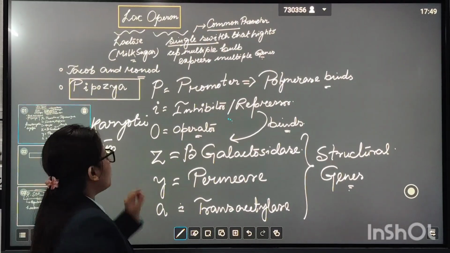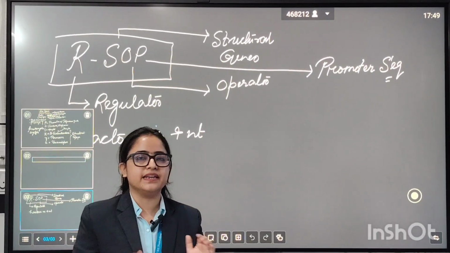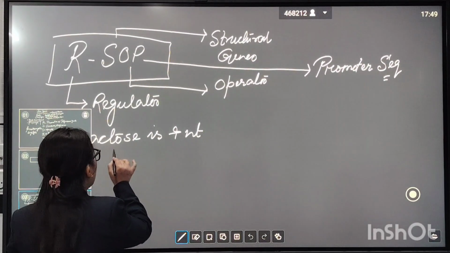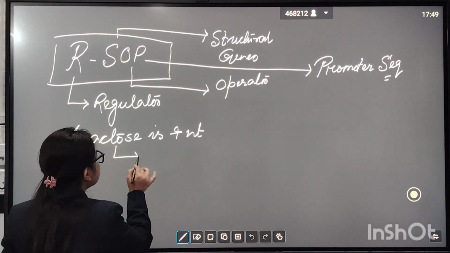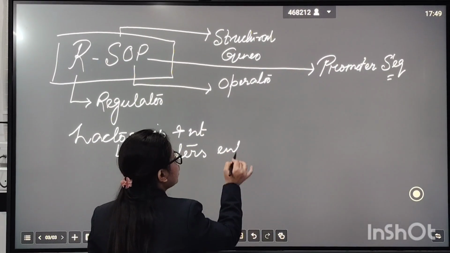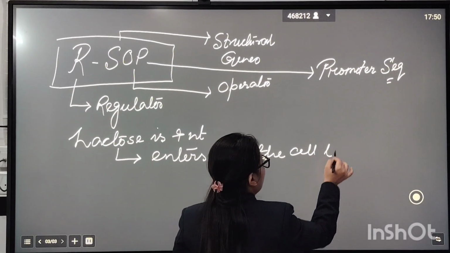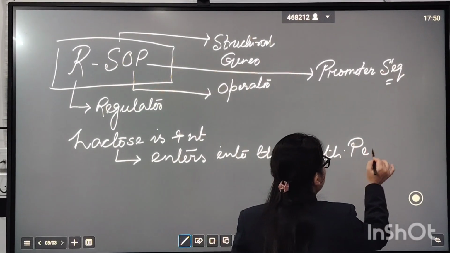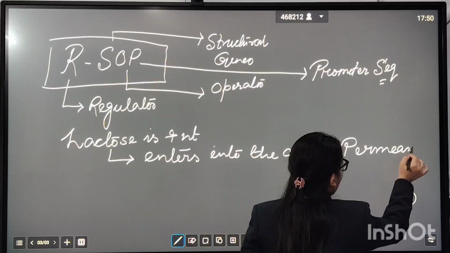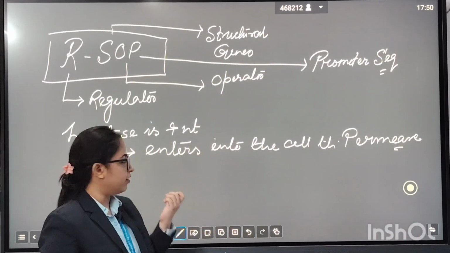Alright, so when a bacterial cell goes inside a media and lactose is present, what does this lactose do? This lactose enters into the cell through permease. Permease helps to enter the lactose inside the cell, alright?